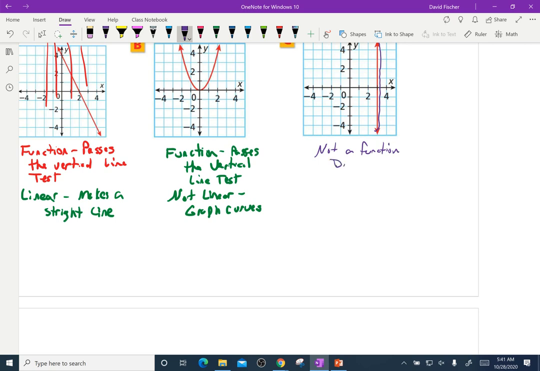Doesn't pass the vertical line test. Is it linear? It is linear. Makes a straight line.